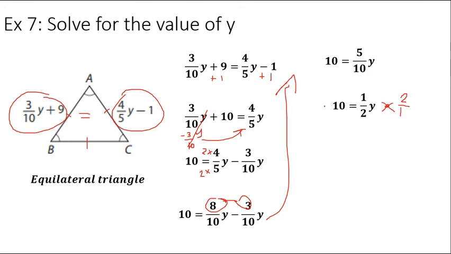I'll multiply this side also by 2 over 1. So here, this term and that term eliminate. And here I have 2 times 10 is 20 divided by 1. So we just have 20 equals y, which is my answer.